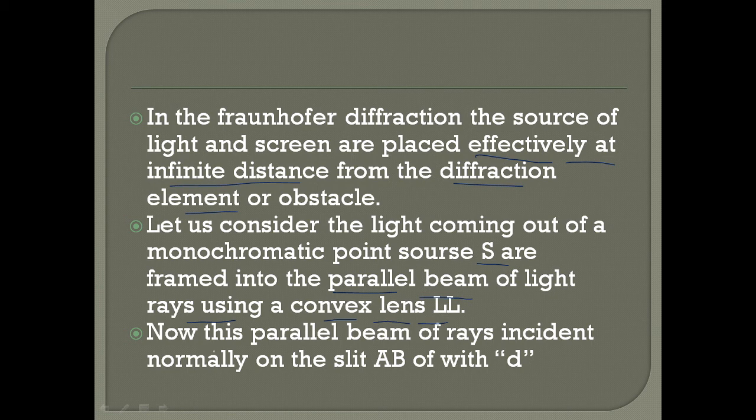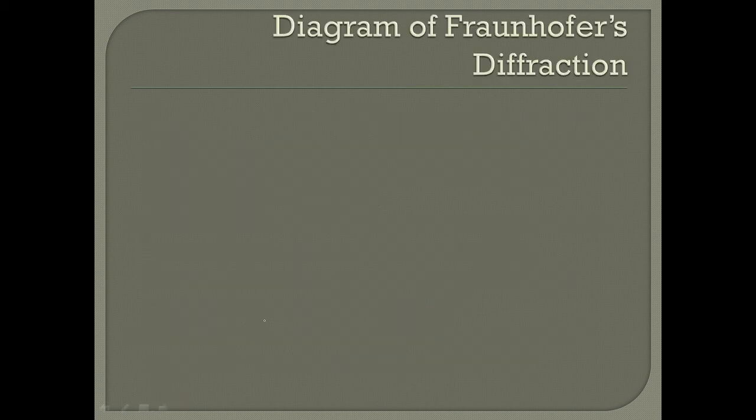Now, this parallel beam of light rays is incident normally on the slit AB of width D. The diagram for the Fraunhofer diffraction is in this way.